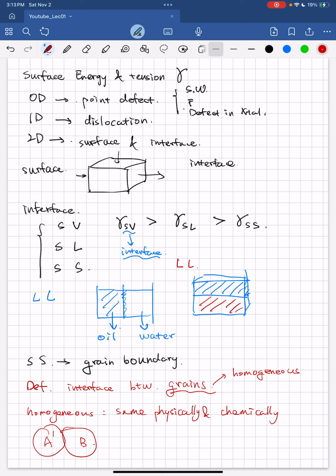Like this is alpha phase, this is beta phase, with different crystal structure. Like here it's BCC, here is FCC. Or it can be something like alpha 1 and alpha 2, which is the same structure like FCC.